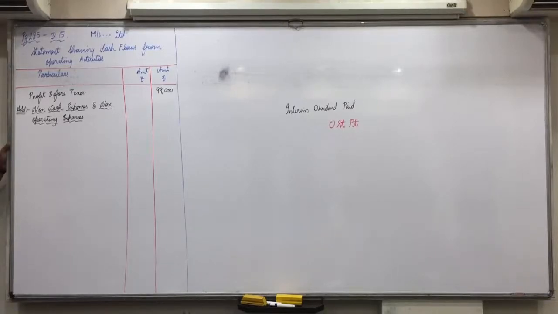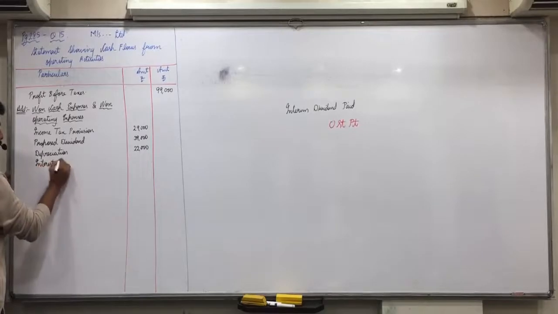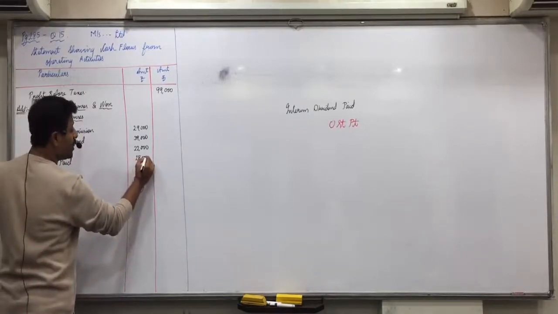In exams, you'll have to do these markings in advance first. So O plus means income tax provision 29,000, interest paid 28,000. Is everyone able to find it? All O plus items to be added.